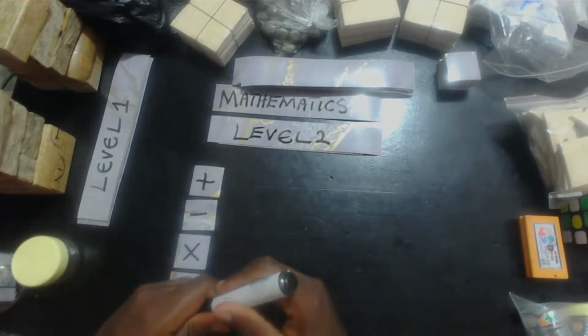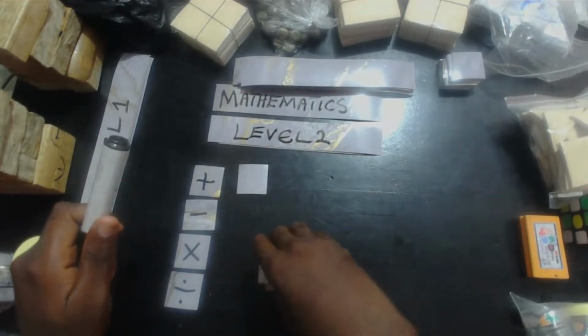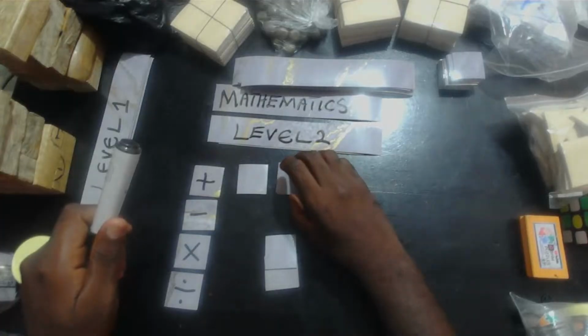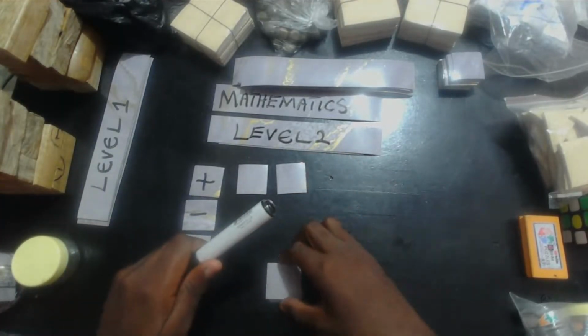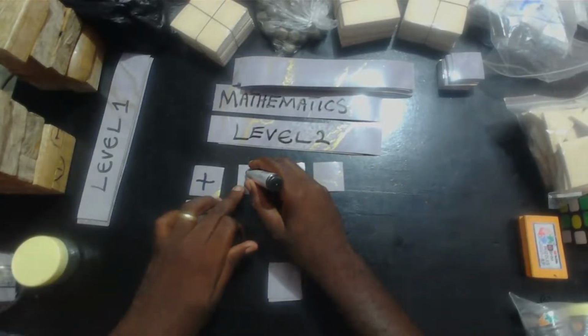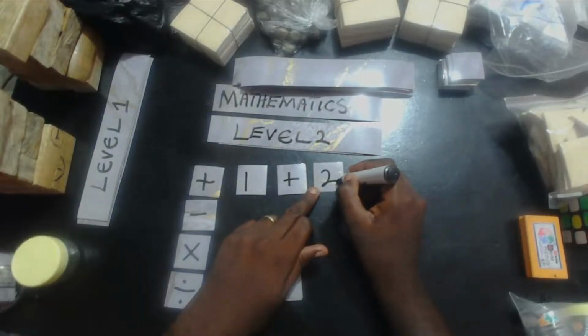Yes, the question is whether each is closed or not. So let's try a few examples. We have two numbers that we add up. So we have 1 plus 2.